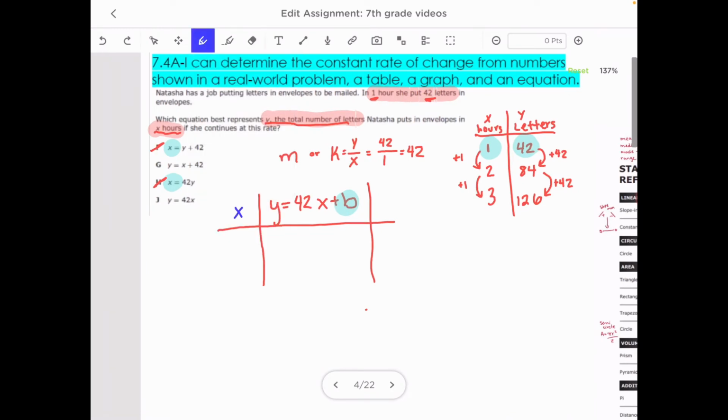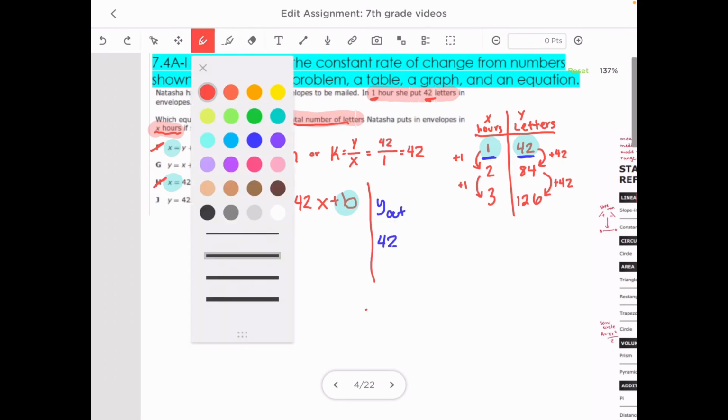This is going to be an X. This is going to be a Y. I'm going to pick the same two numbers from my table to plug in over here. Now remember, whatever I have in my output, I'm going to plug in for this letter, and whatever I have in my input, I'm going to plug in for that letter right there, okay? So let's get this done.